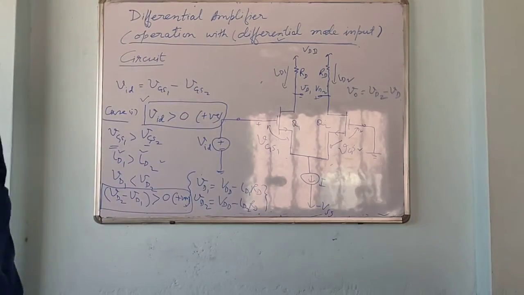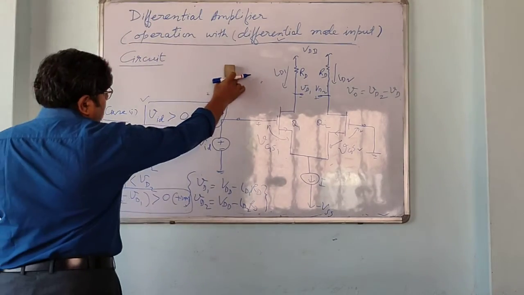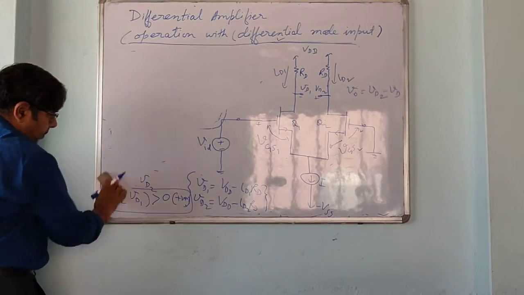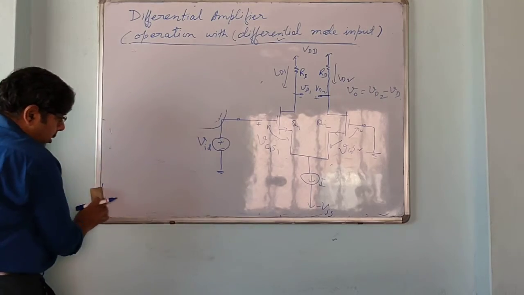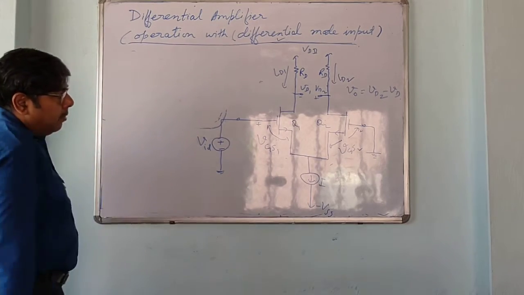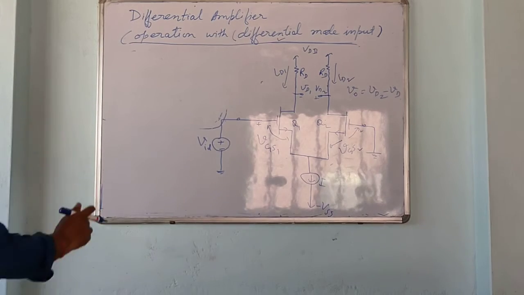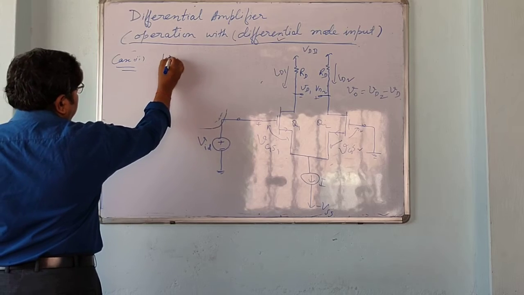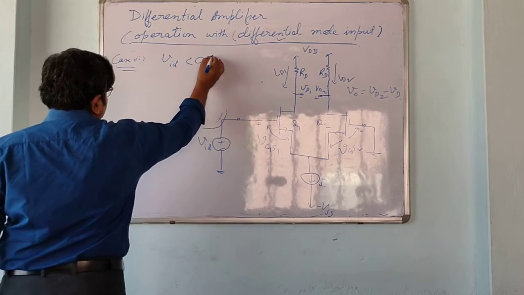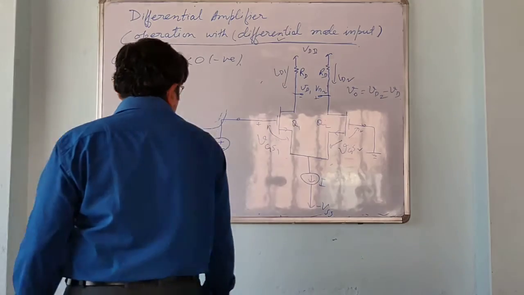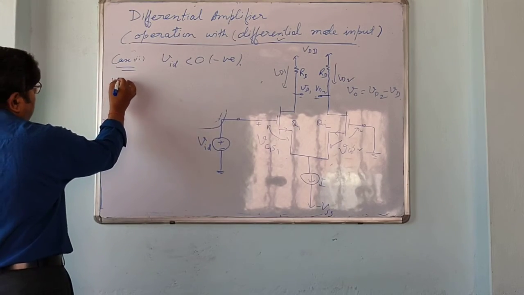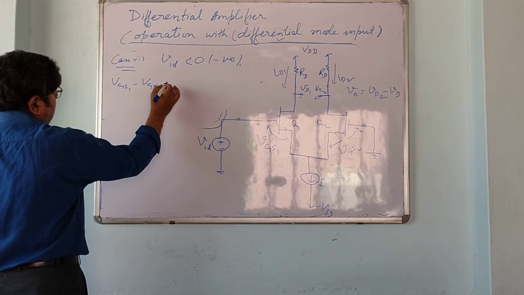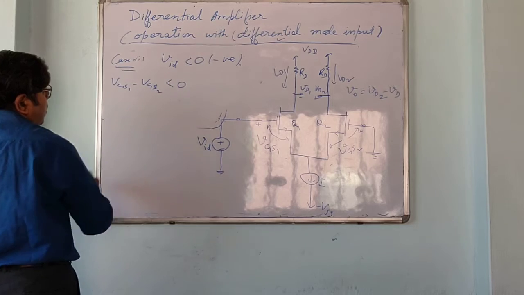Similarly, let us see how this operates for a negative value. Just the opposite of this. Suppose this is case 2, the applied differential input is negative, then VGS1 minus VGS2 is less than 0.